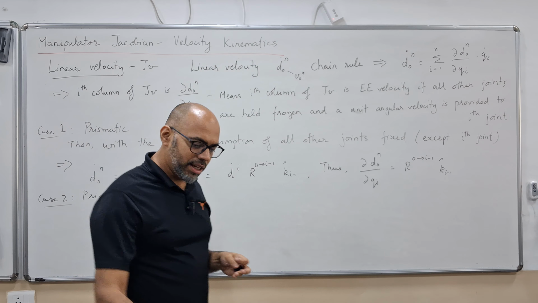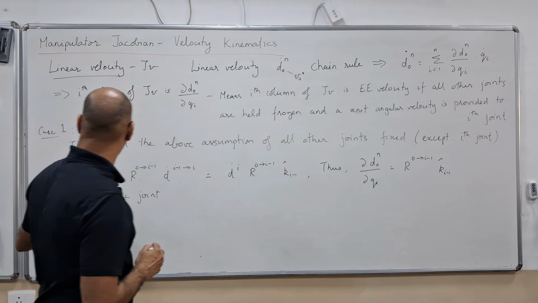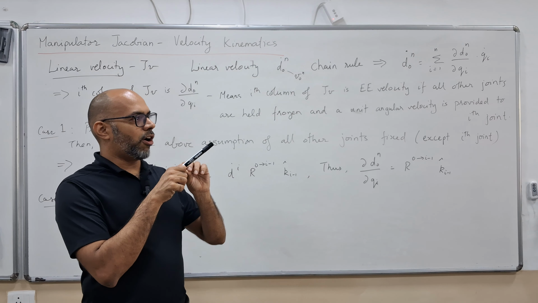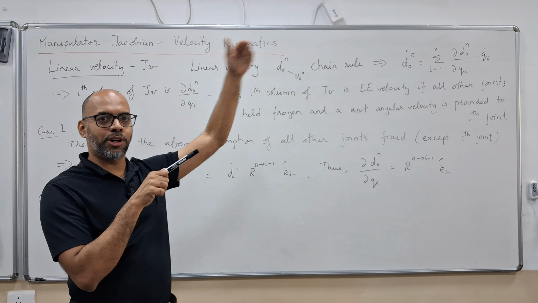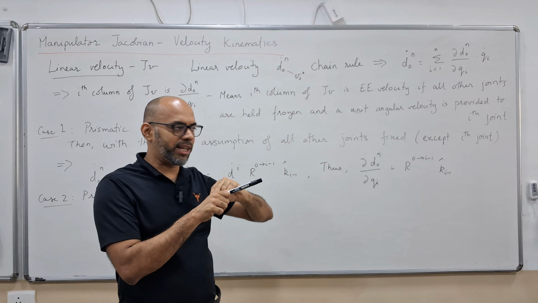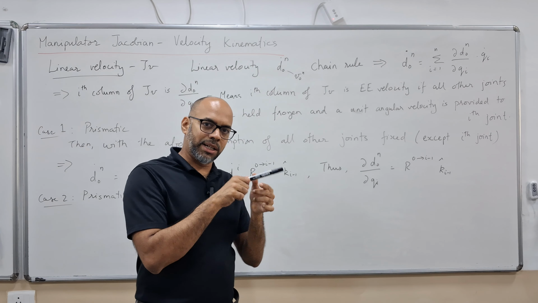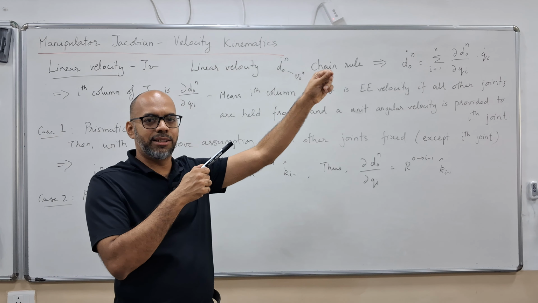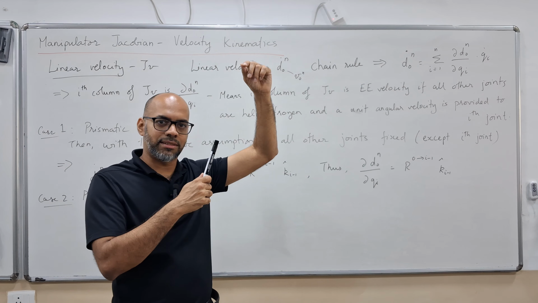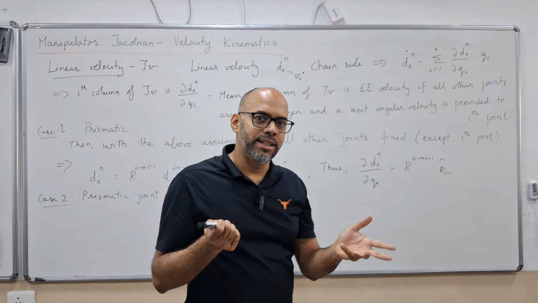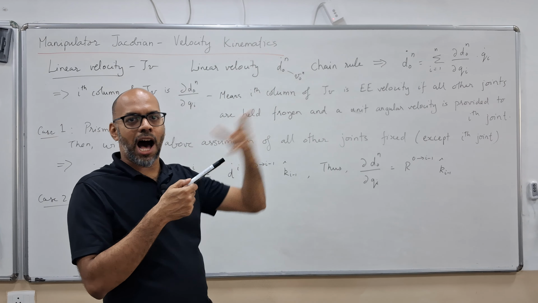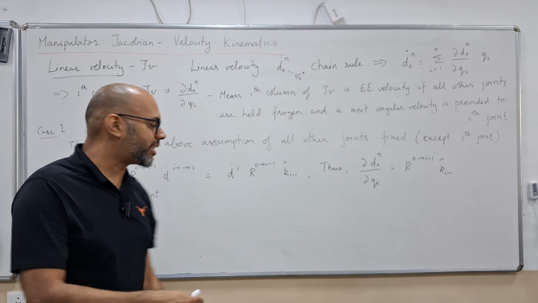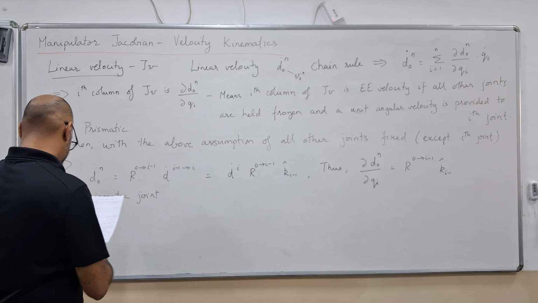And when that happens, it's as if all other joints between the ith joint and the end effector are frozen. So it's behaving like one big rigid body, but there is a unit angular velocity at the ith joint. So it really becomes a rigid body rotation, right? A pure rotation is just v equals r omega, so this distance times angular velocity. Vectorially we will do that, and we will do that with a bit of math.